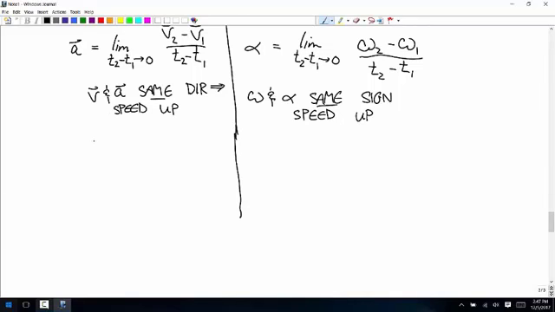And if they're in the opposite direction, slowing down. Same thing here.